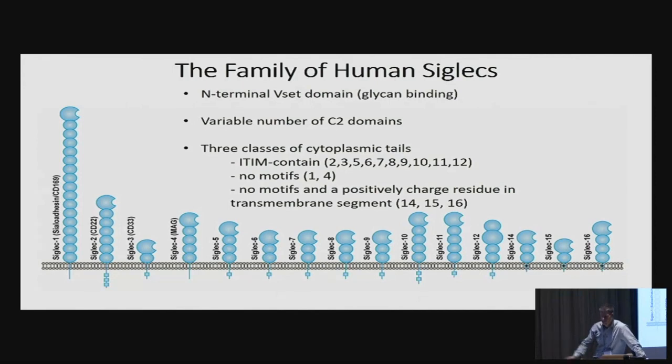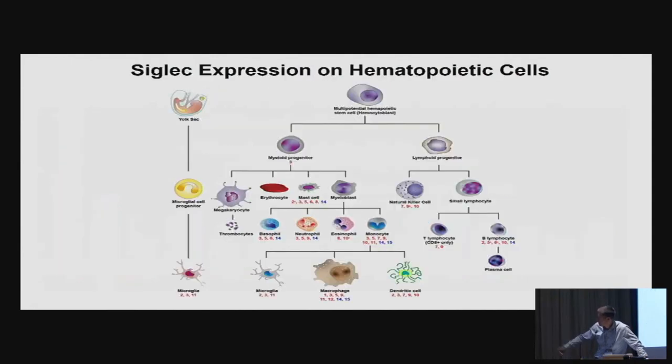There's two here that you see don't have a motif. That doesn't mean that they can't do interesting things. They just don't have this interesting motif. And then these three on the end have a positively charged residue in the transmembrane region. For those of you that remember first year biochemistry, a positively charged residue has really no business being in a transmembrane, and I'll touch on what that does.